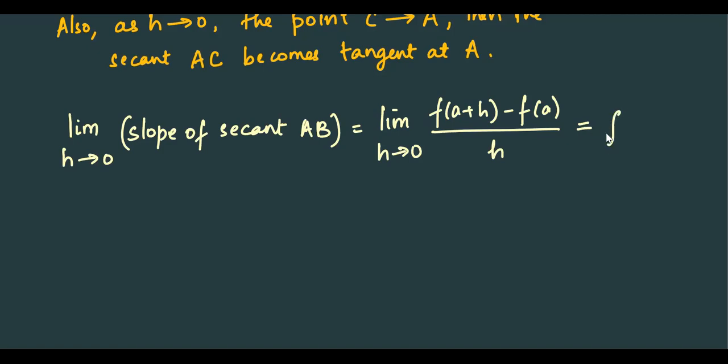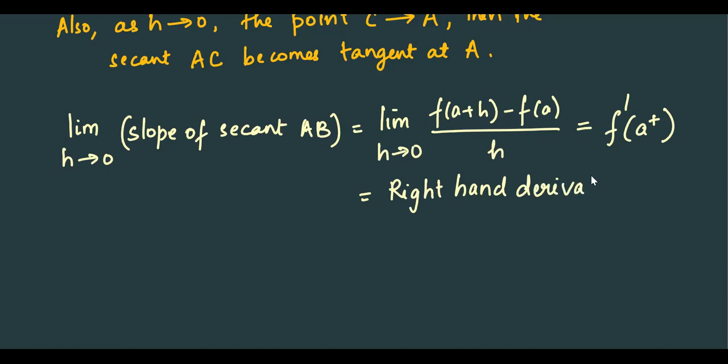This is written as f dash a plus, and is called the right hand derivative at a. It is equal to the slope of the tangent at a, considering the secant to the right of a.